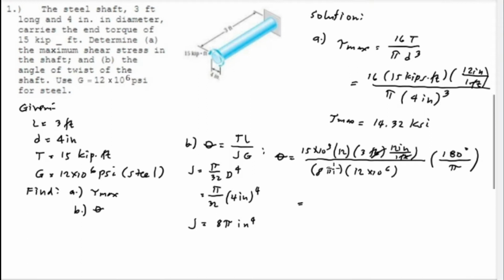So 15 times 10 to the power 3 times 12 times 3 times 12, and we multiply it by 180, and we divide by 8 times pi squared times 12 times 10 to the power 6, and the value for theta is equal to 1.231 degrees. So this is the value for theta.